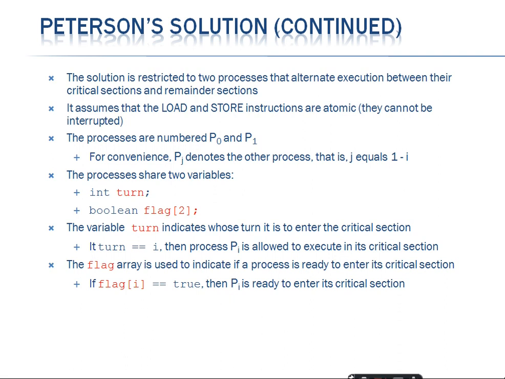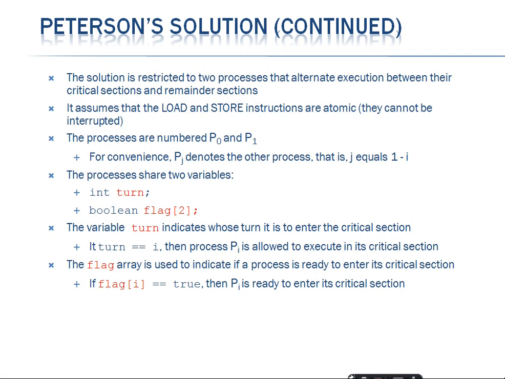It also assumes that load and store instructions are atomic and they cannot be interrupted in between. The processes are numbered P0 and P1. Here we number the two processes that are executing alternately between remainder section and critical section as P0 and P1.